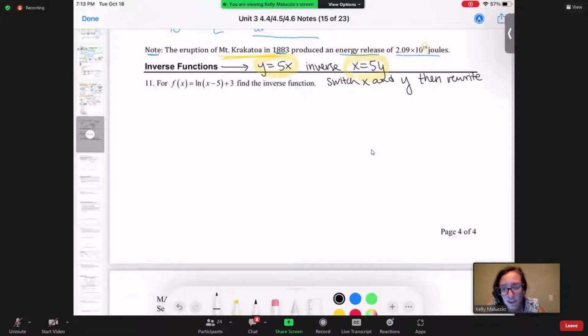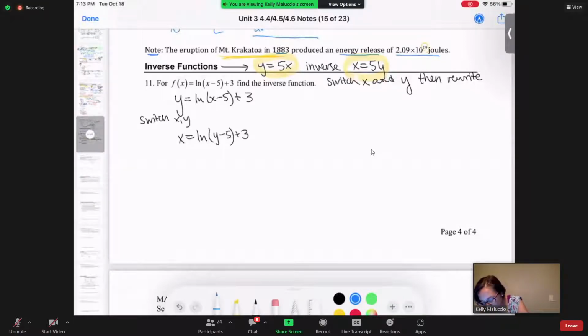We'll see, right? In this case, my formula, I can replace f of x with y equals ln(x minus 5) plus 3. And then I say, okay, if I switch x and y, so I get x equals ln(y minus 5) plus 3.